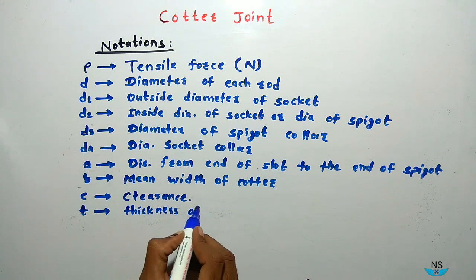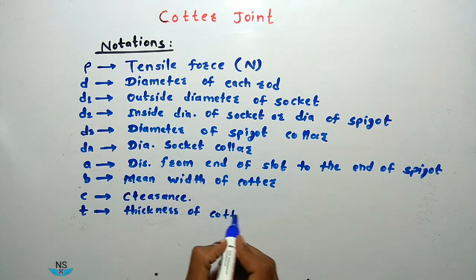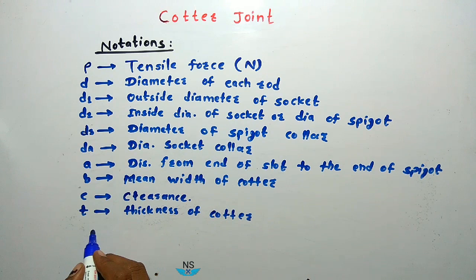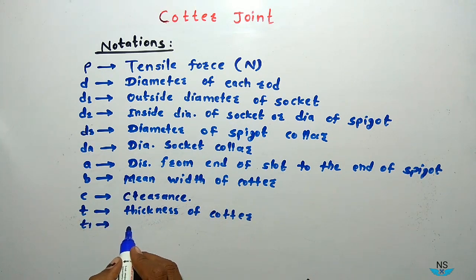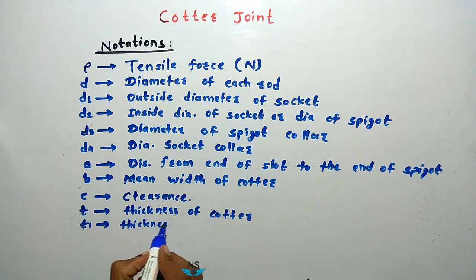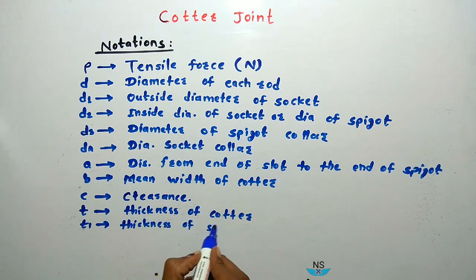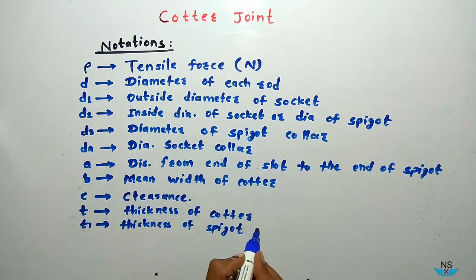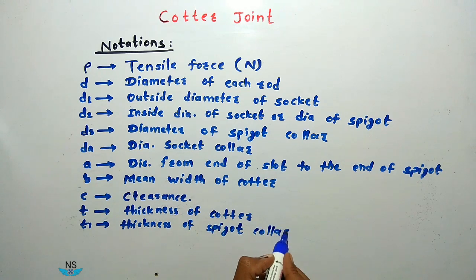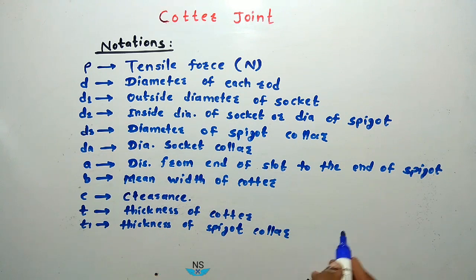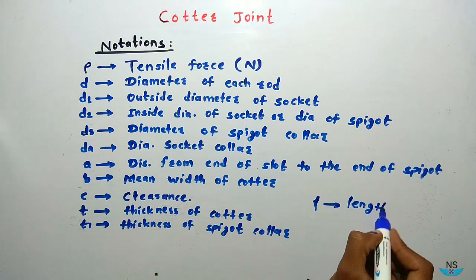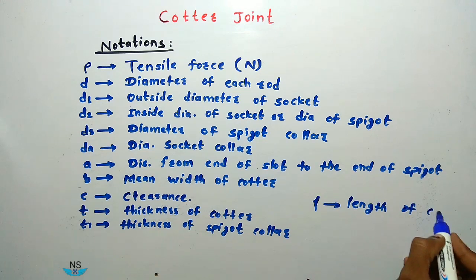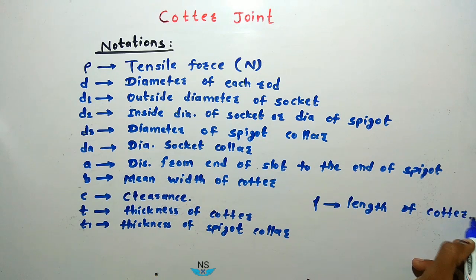Then t is the thickness of cotter, and t1 is the thickness of spigot collar. And small l is the length of cotter.